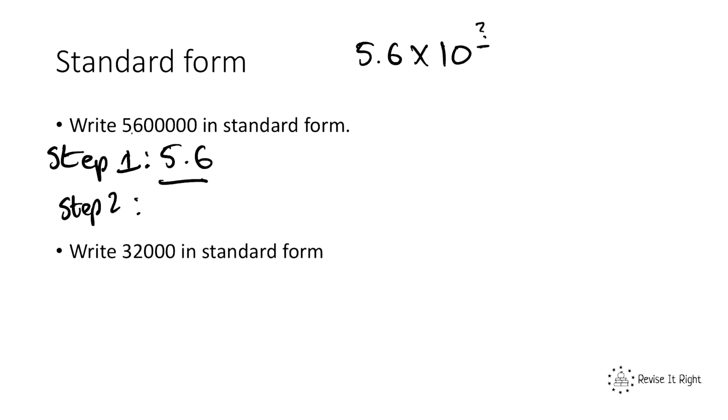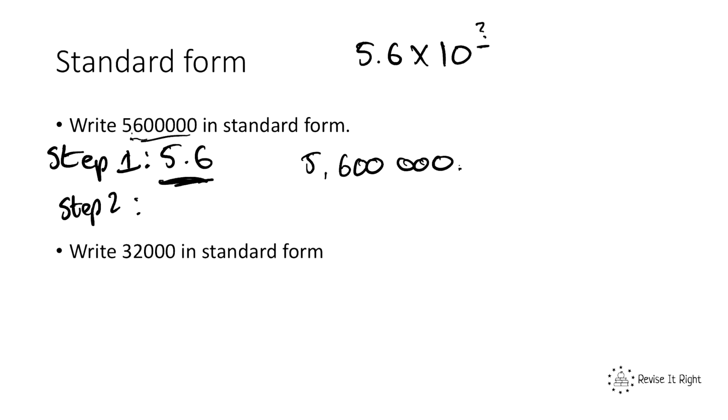The way we do that is we count how many decimal places the decimal has moved to go from the original number to our number between 1 and 10. If we have 5.6 million here, the decimal point is going to be here, after the number. So we need to find out how many times that decimal point has moved to get 5.6.